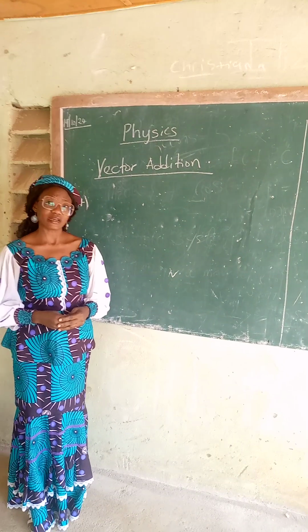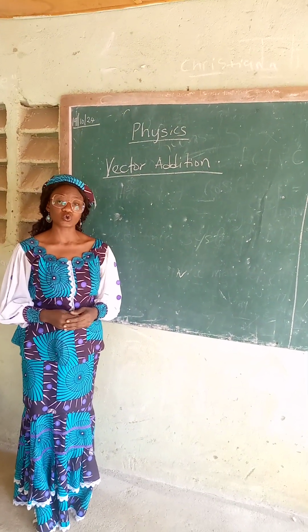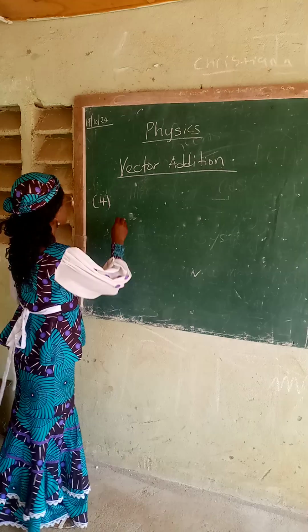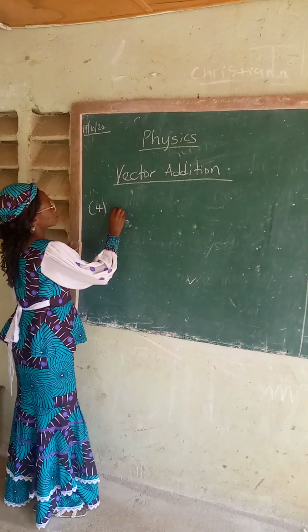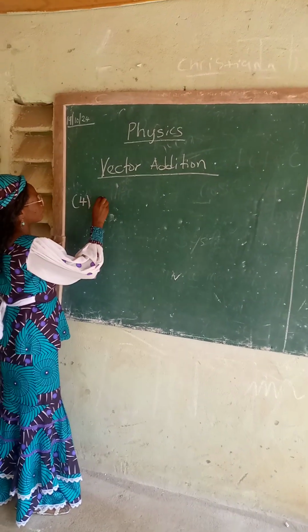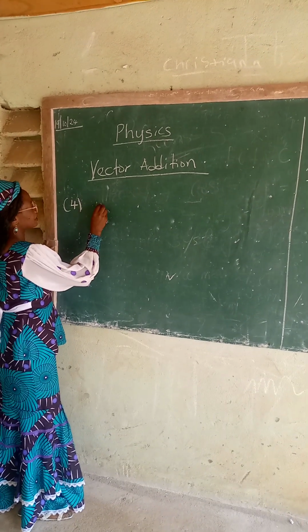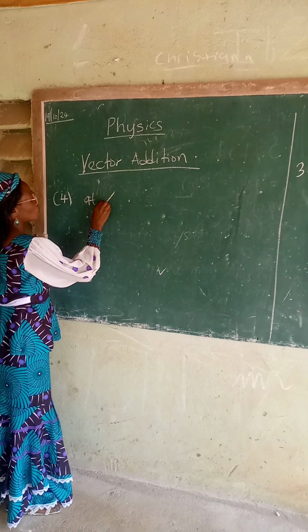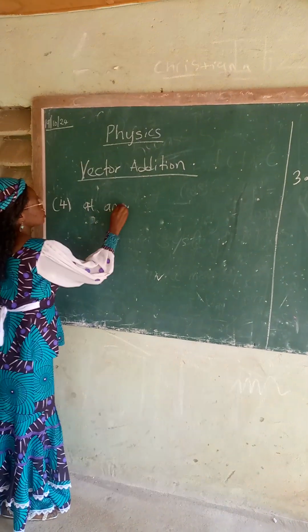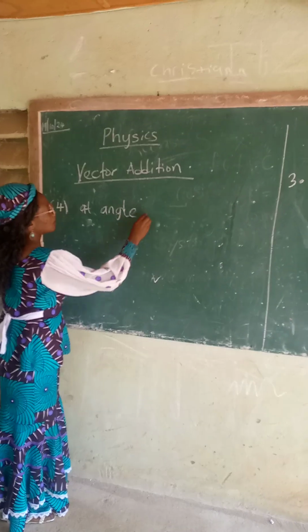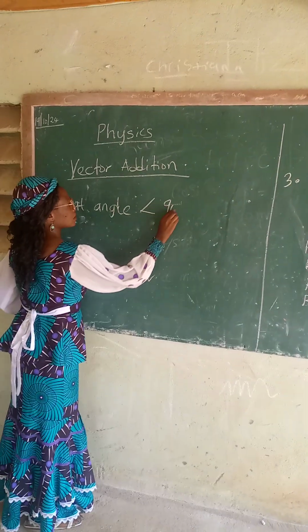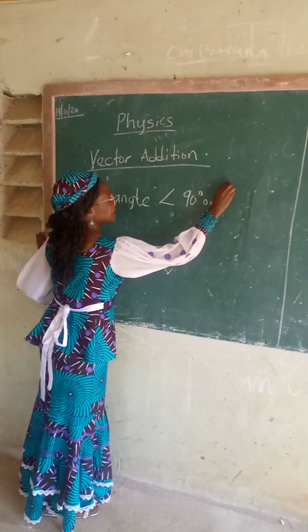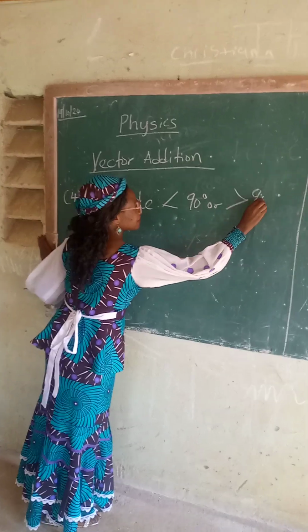Okay? So generally, the formula being used is called the cosine rule. And the cosine rule is simply that if the two vectors are inclined at an angle less than 90 degrees or at an angle greater than 90 degrees.